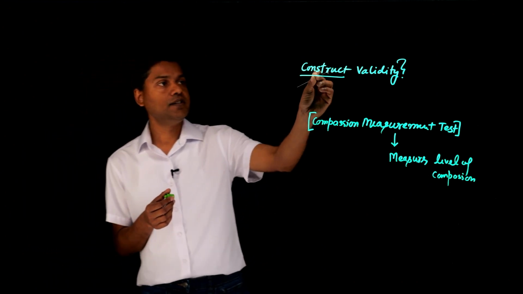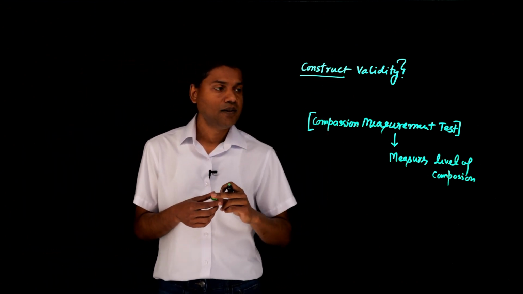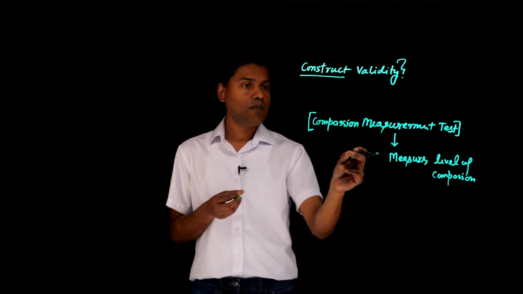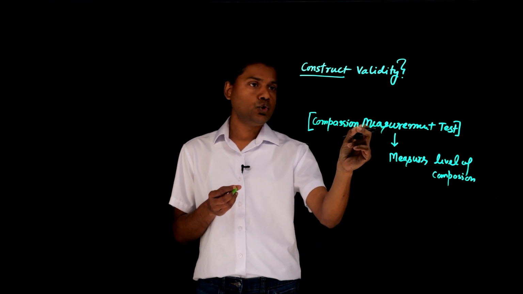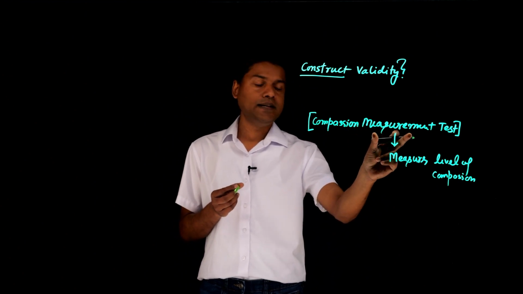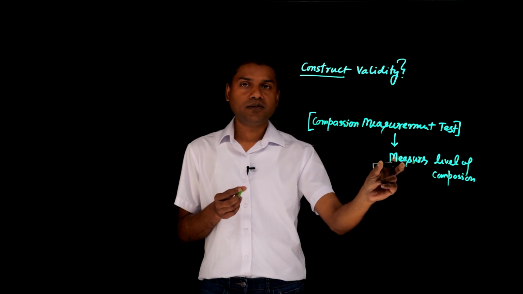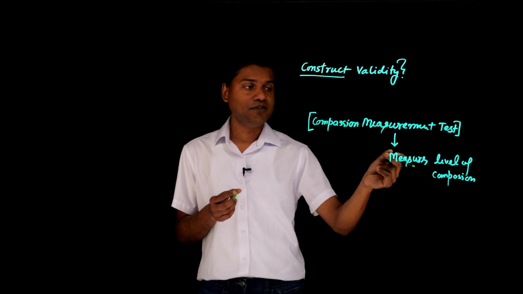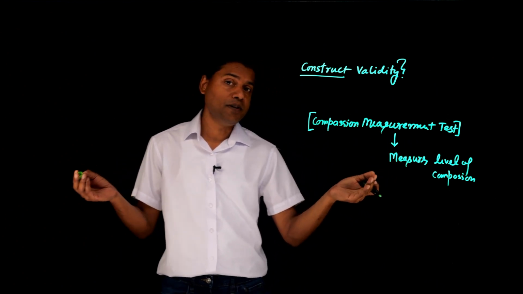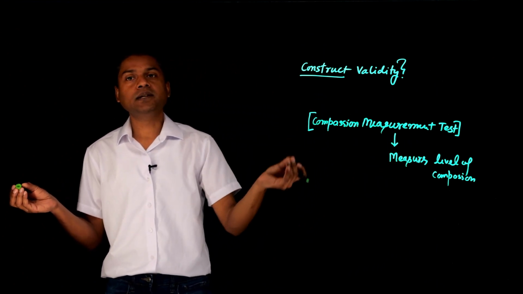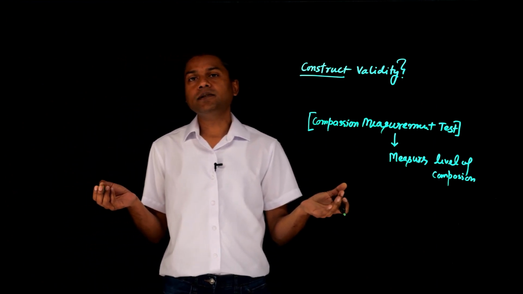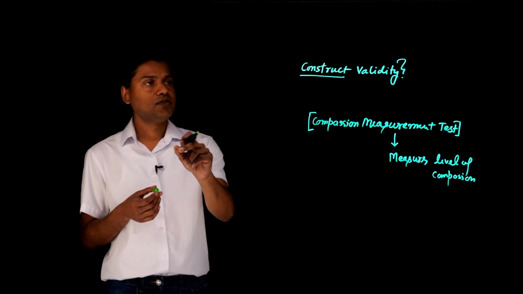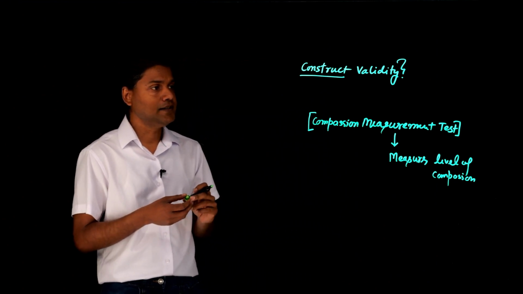So the construct is compassion. So the construct validity will refer to the extent to which this test measures compassion, what it claims to measure. So the claim is this test measures compassion. So the construct validity is, does it really measure compassion? Or maybe something else? So that will be its construct validity.